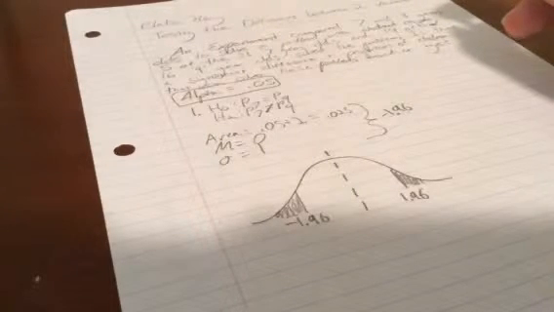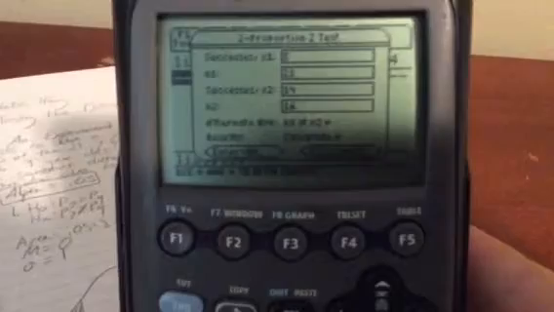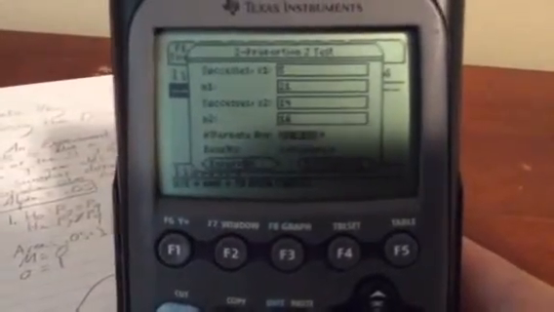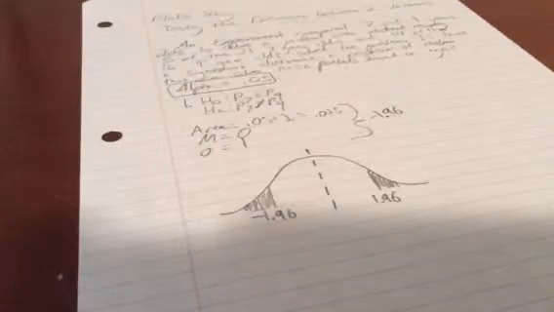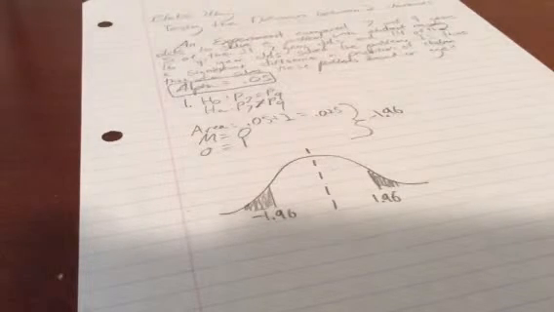Then successes for number 2, which is how many 9-year-olds got it right, which is 14 of the 16, so 16 is n2, and then it has to be not equal to. So it'll end up looking like that. Alright, then we'll punch that in and see what it gives us.